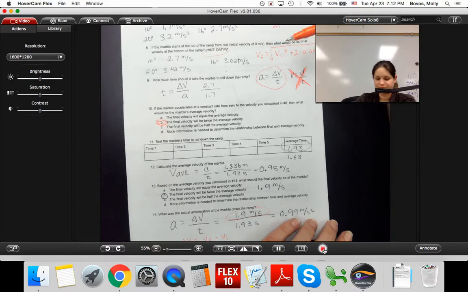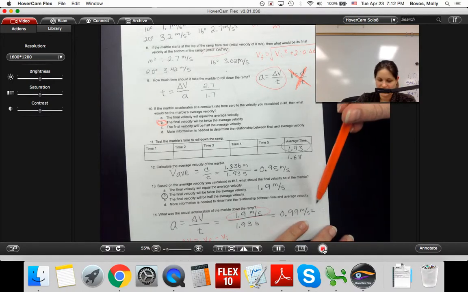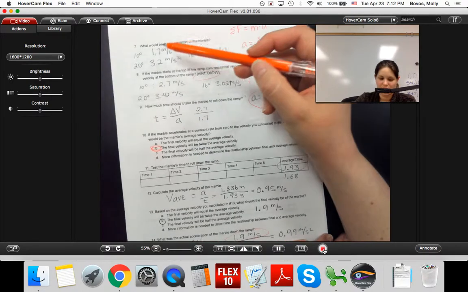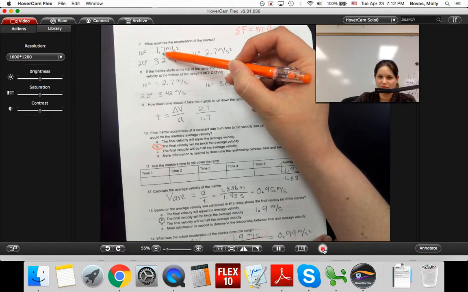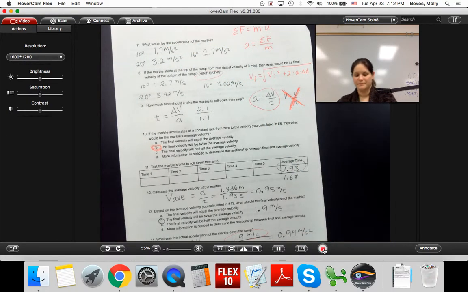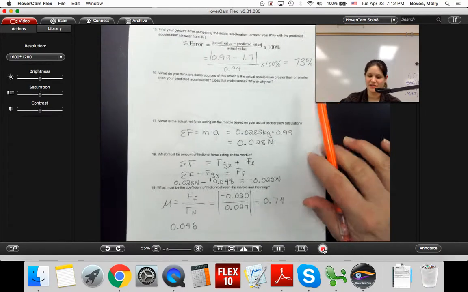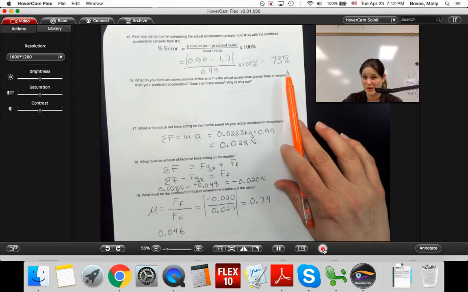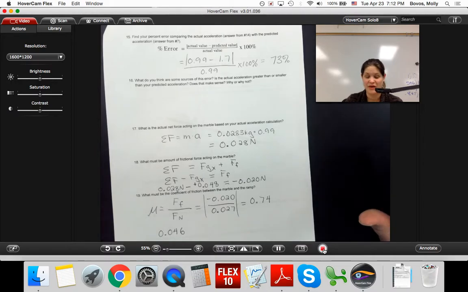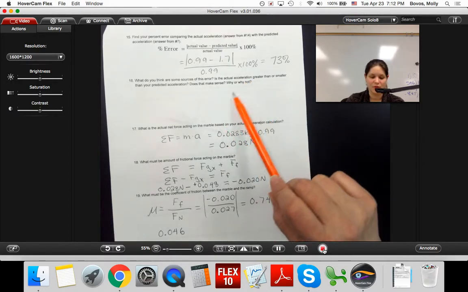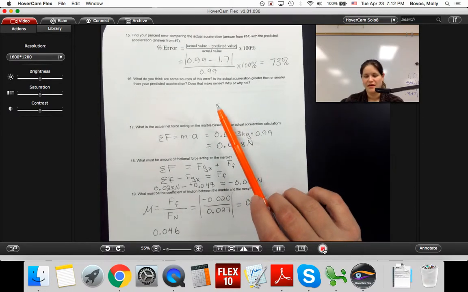Which, I think this was the 10-degree team, and their acceleration they got up here was 1.7. Fairly off, kind of rough. We actually calculated a 73% error on that one, which is definitely rough. And so we talked then about why would this be the case.